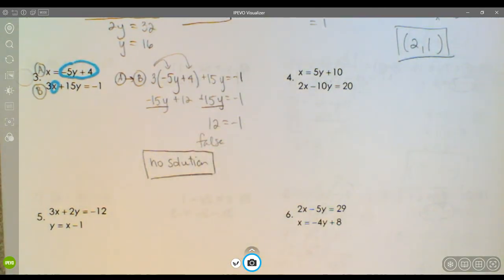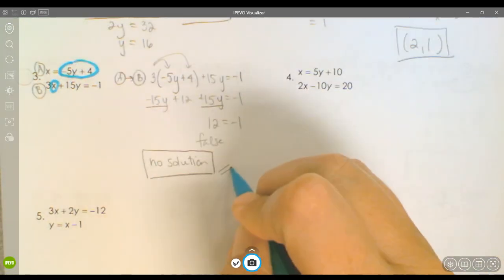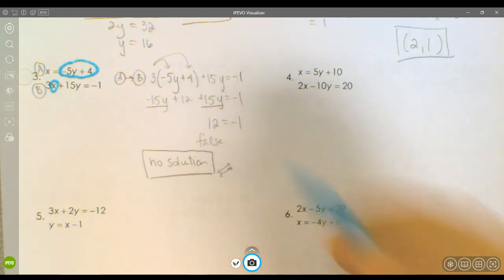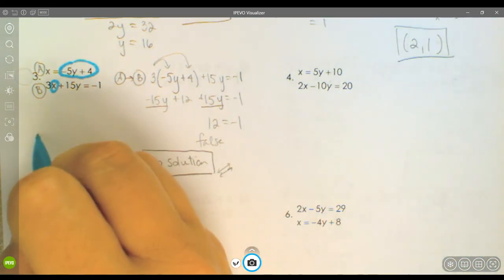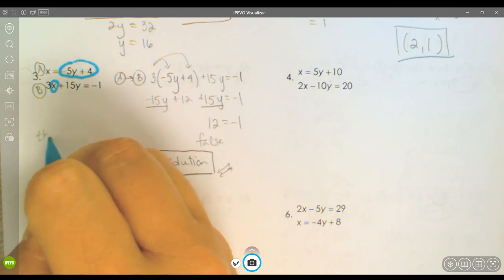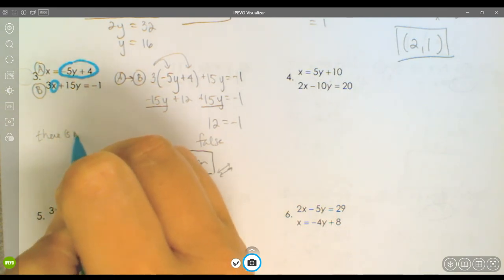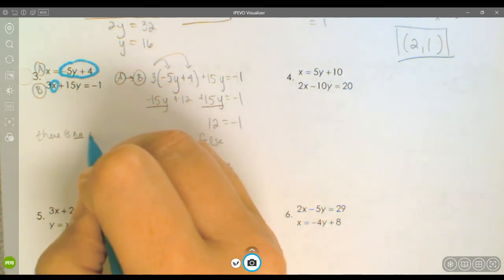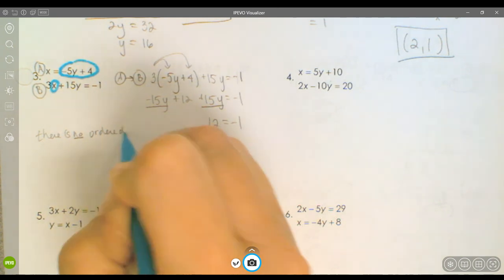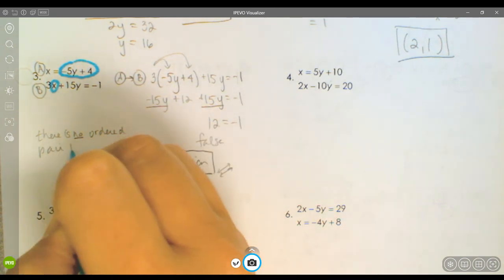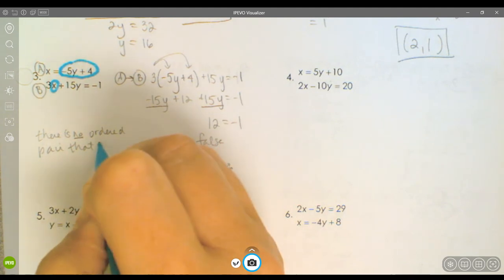And what does no solution look like? Well, you know in a graph that it's parallel lines. So it's parallel lines whenever we look at a graph. But here's what it really means. It means that there is no ordered pair that makes both equations true.